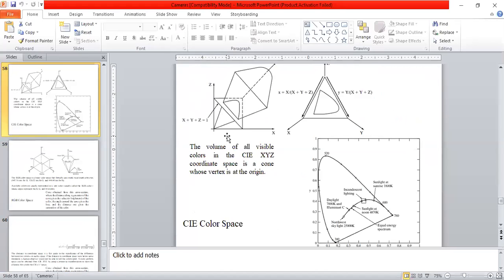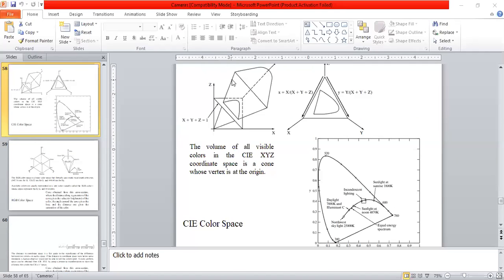This cone represents the volume of all visible colors. Within this 3-dimensional space we mix 3 different primaries and generate different colors, and all these colors will be represented with some x, y, and z coordinate values.